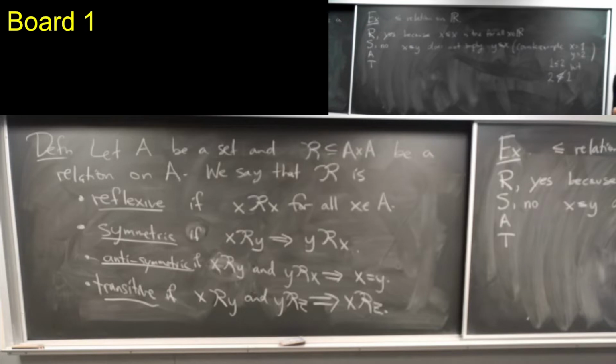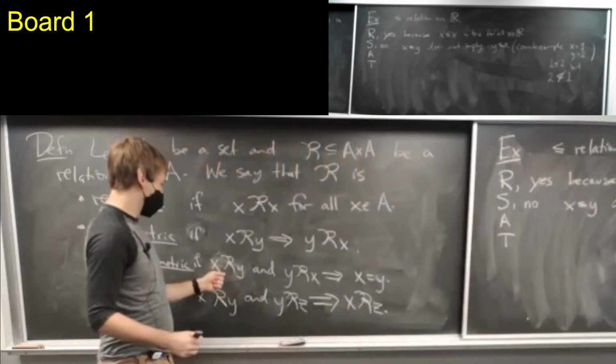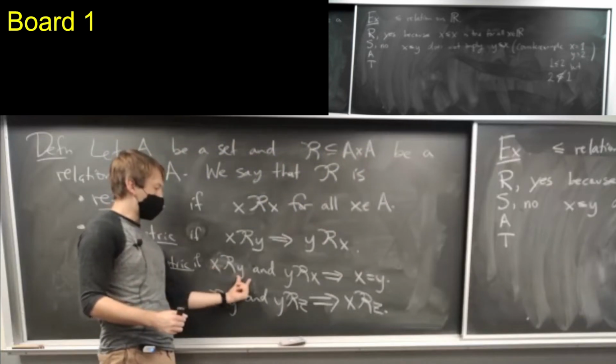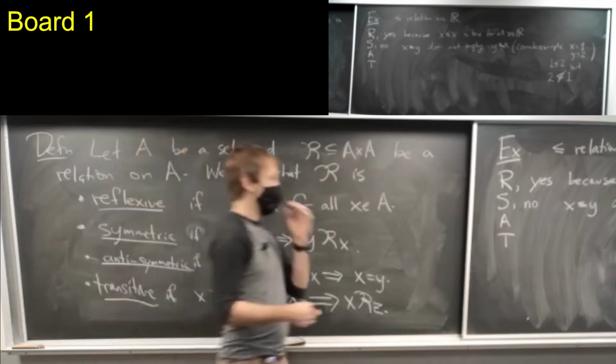How about anti-symmetric? On the count of 3, let's vote. Is it anti-symmetric? 1, 2, 3. I think the majority says yes, and I think the majority is correct on this one. What we should be checking is: if I assume X is at most Y and Y is at most X, does that imply Y equals X?